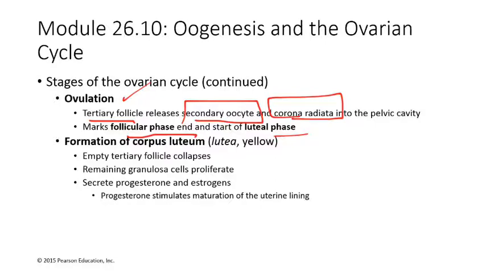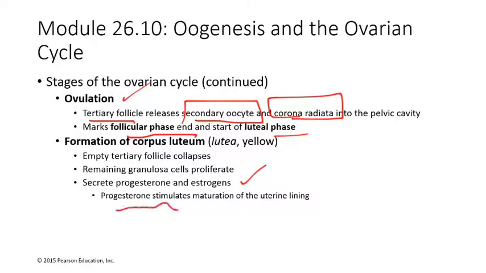Now, in the luteal phase, remember what we're making is the corpus luteum, and lute we know means yellow. And so what happens is that those cells that were on the inside of the ovary, what was left behind after ovulation, will now begin to secrete progesterones and estrogens.